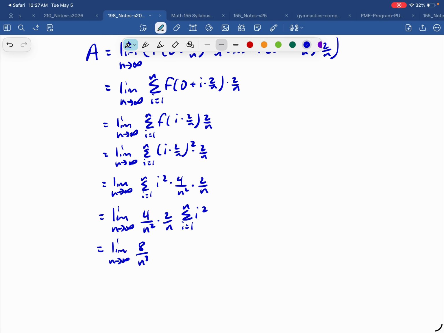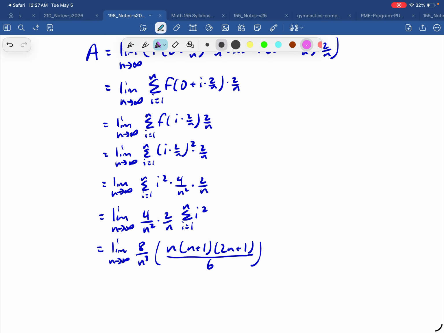And we also have a nice little identity here, and again, this is just an identity you need to know, it is n times n plus 1 times, oh gosh, I want to say it's like 2n plus 6 or something like that. Oh, no, I think it's 2n plus 1, all over 6. That's what it is, all over 6.